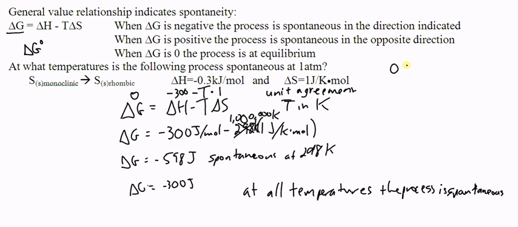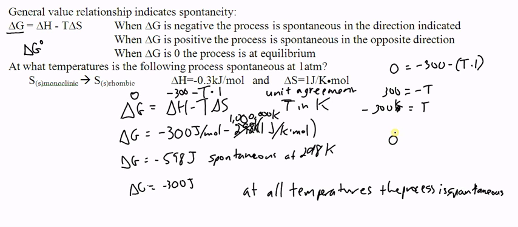And so in this case we would have, as I said, 0 is equal to negative 300 minus T times 1. And so now we're looking at 300 is equal to negative T. So in other words, T is equal to negative 300. And so the equilibrium temperature would be negative 300, but we have to remember that that's Kelvin.